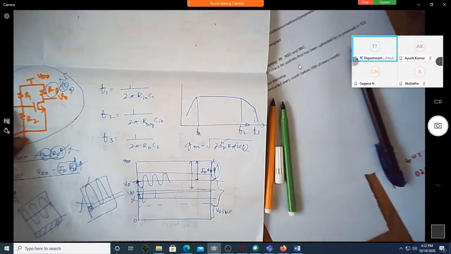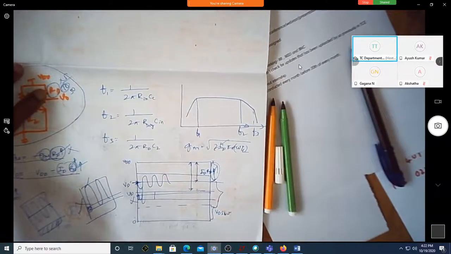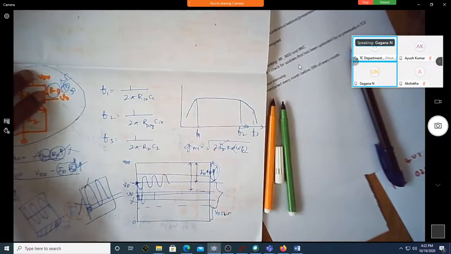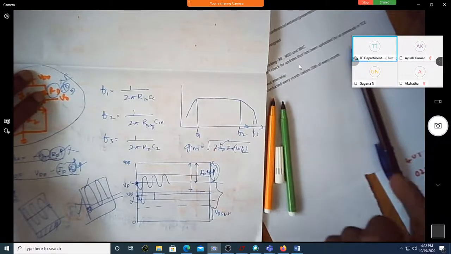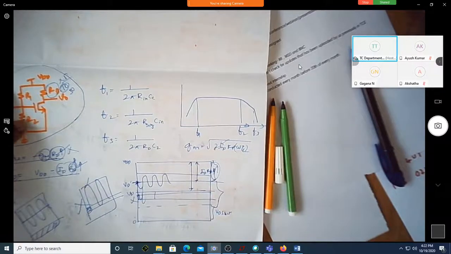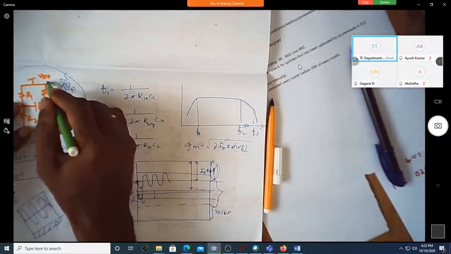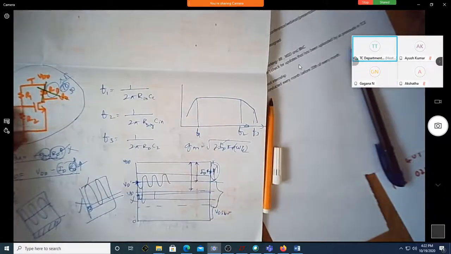That requirement I cannot fulfill using a passive resistor. If you use a passive resistor, you may have a larger resistance value, but the voltage drop will also be too much. Am I correct? Yes, sir. That will actually reduce my swing. So that's why we are going away from this RD for larger gains.